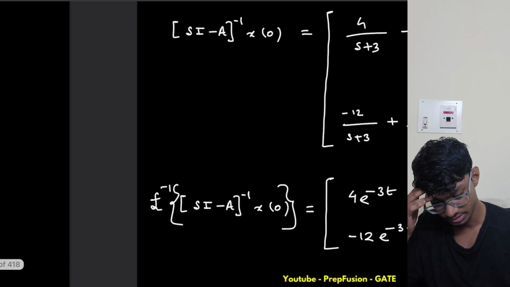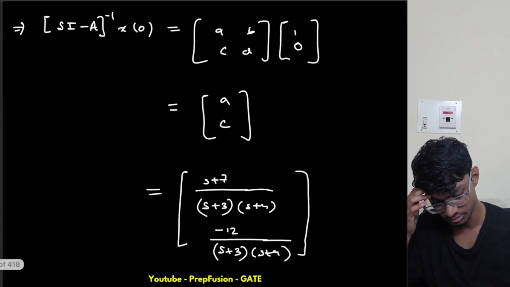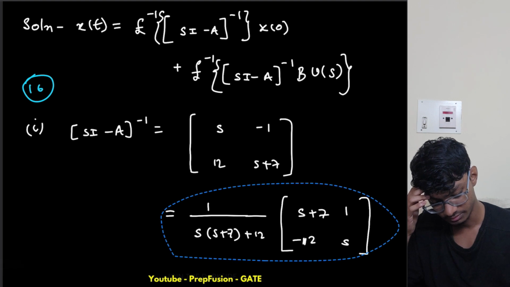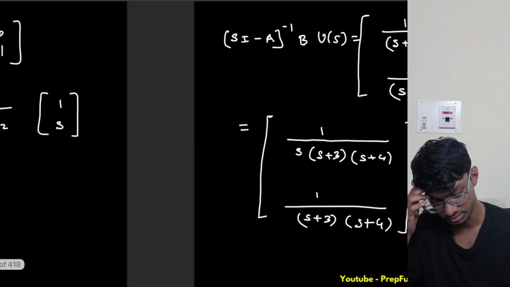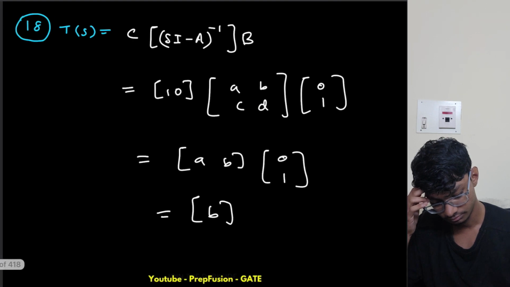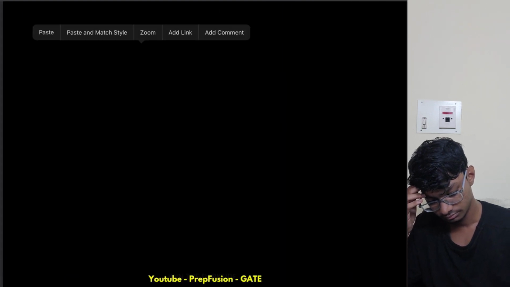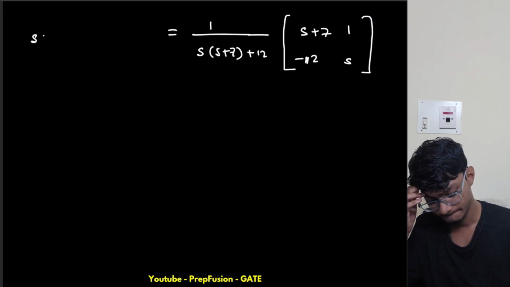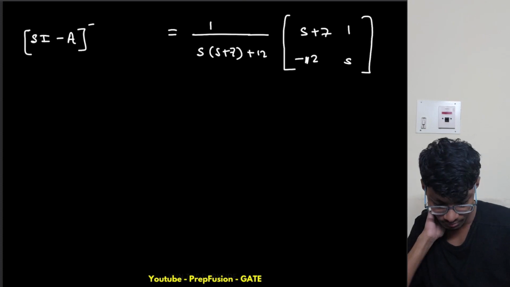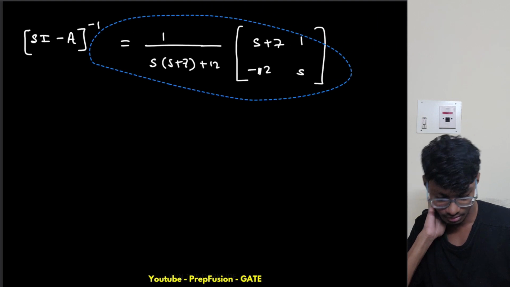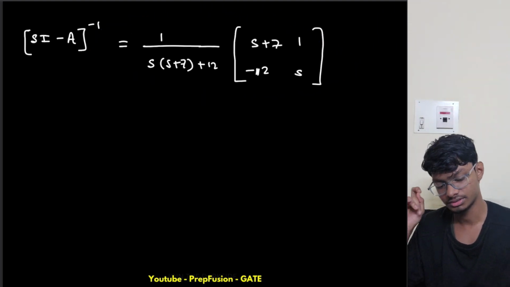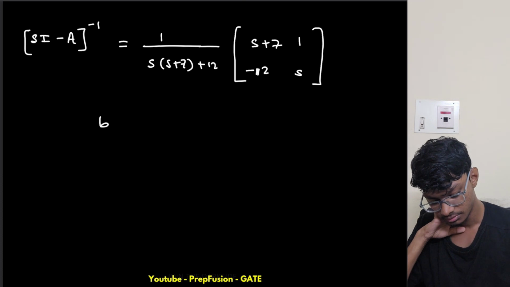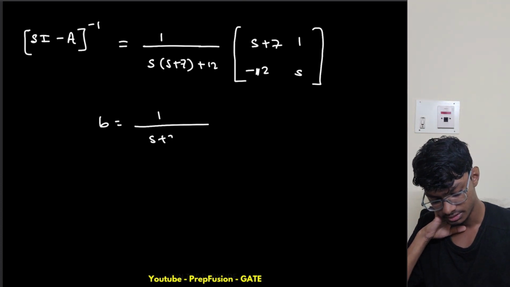Okay, where was my sI minus A inverse? Yeah, this one was my sI minus A inverse, right? B is 1 only, right? 1 by this. So here B is simply 1 by (s plus 3)(s plus 4), right?